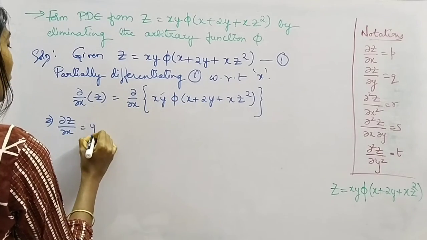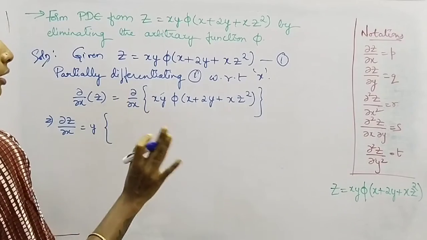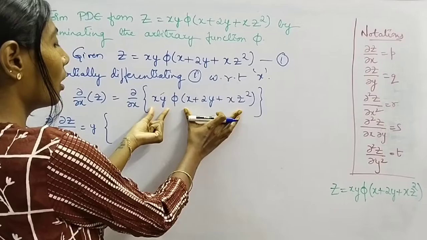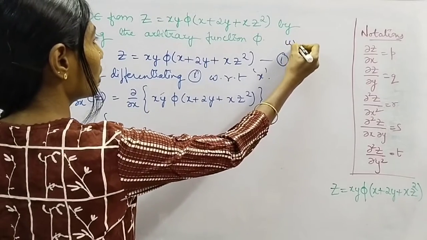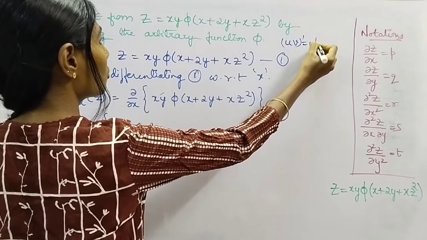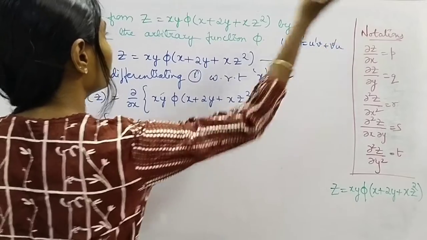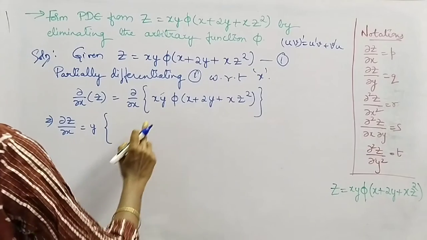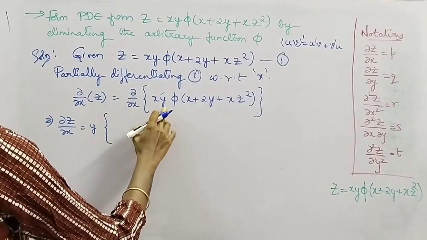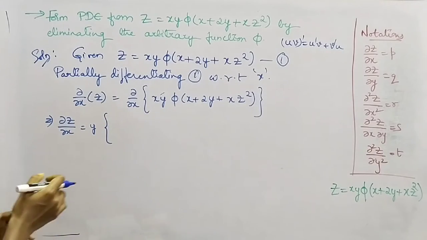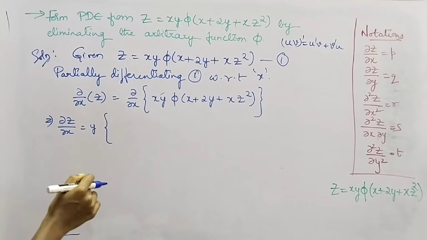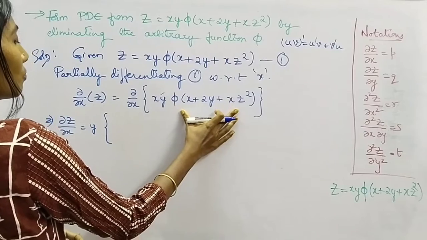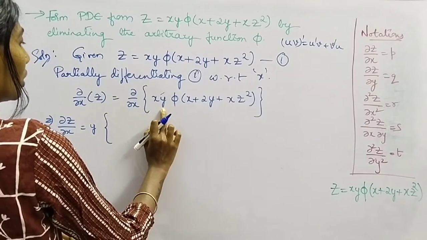So we'll write it as y into, or here you can also treat xy as u and phi as v, and you can apply the uv whole prime formula, which is u prime v plus v prime u, right? But what I am doing is just taking this y constant outside the derivative, okay? I am not taking xy as u and phi as v.